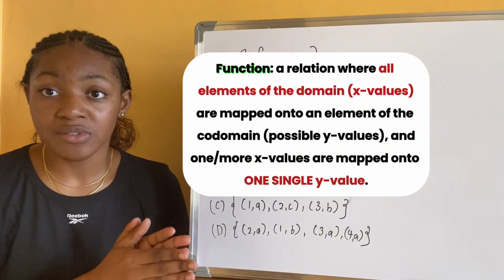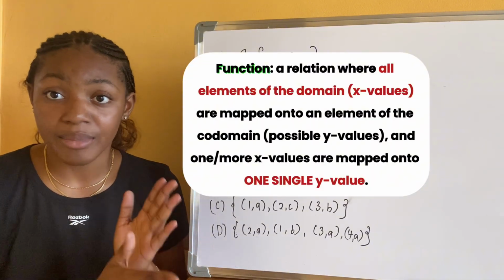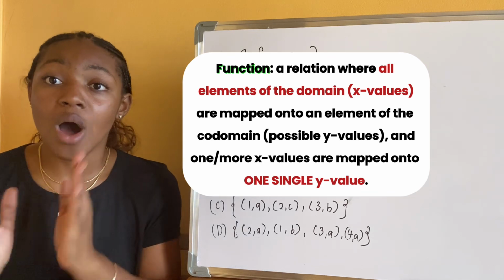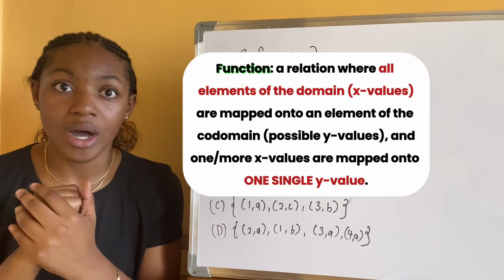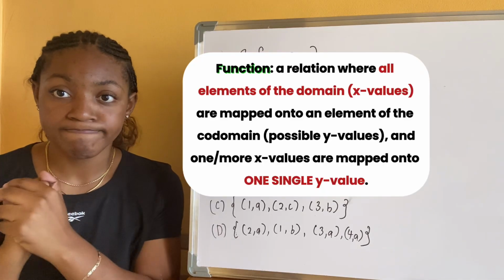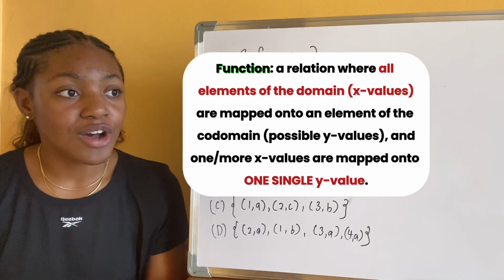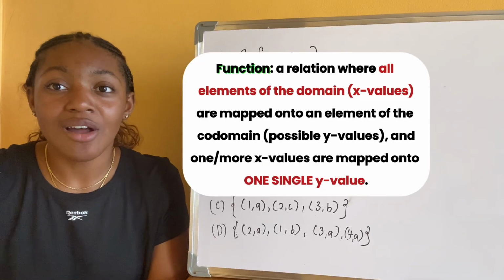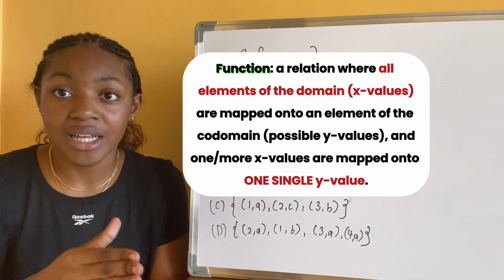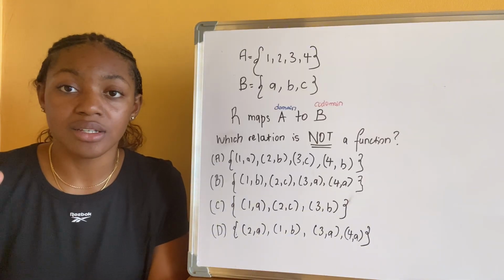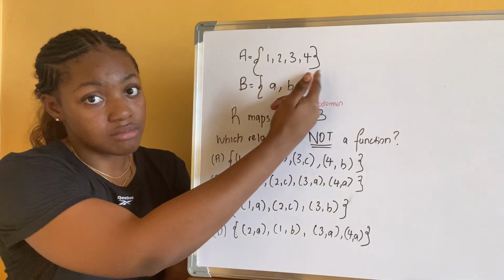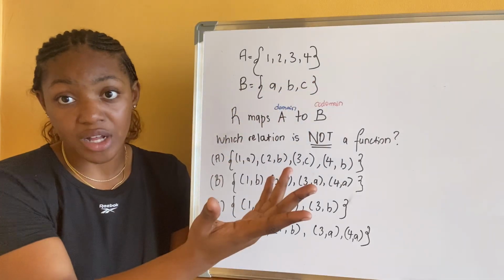So one element of the domain or many elements of the domain map to one single y value. It has to be one element of the codomain. And all elements of the domain have to be mapped onto a y value.